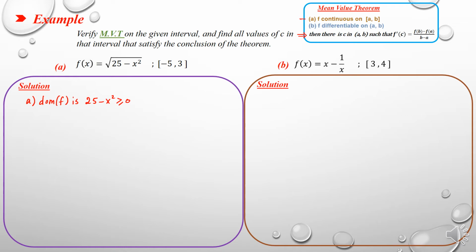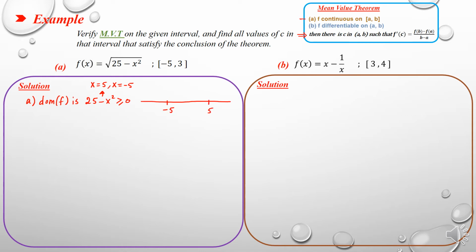You have to check. So what are the roots of 25 minus x squared? The roots are x equals 5 and x equals negative 5. After that, you have to check the sign of this function. On the number line, we have negative 5 and 5. We have the roots.